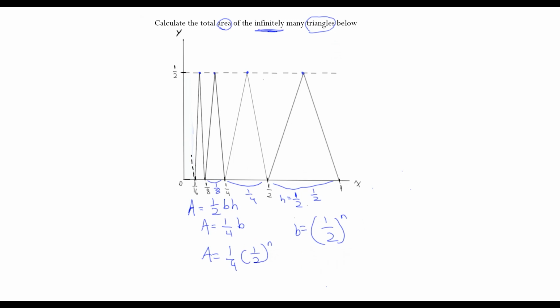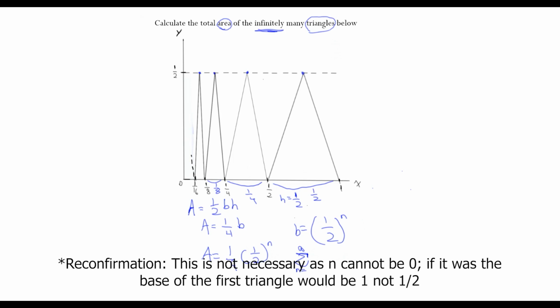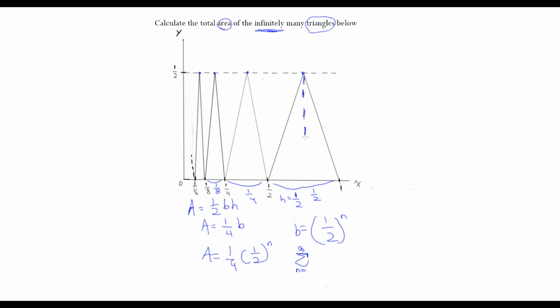So evaluating this, what is the answer? Well, if we take an infinite series of this, to determine whether we start at 1 or 0, I'm going to evaluate the area of the first triangle. If the area of the first triangle comes out to 1/4, then n starts at 0. If it comes out to 1/8, then n starts at 1.